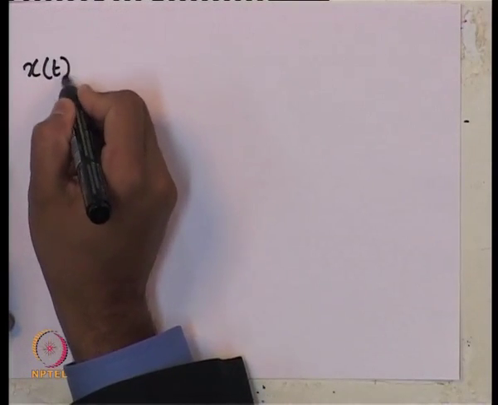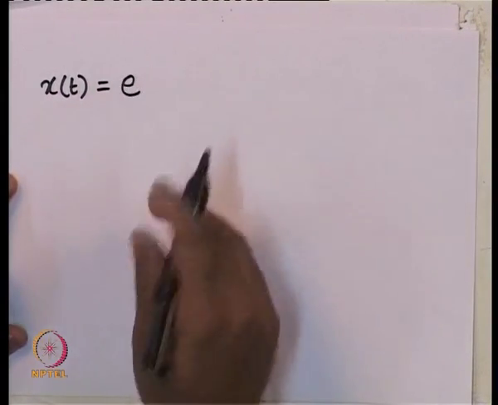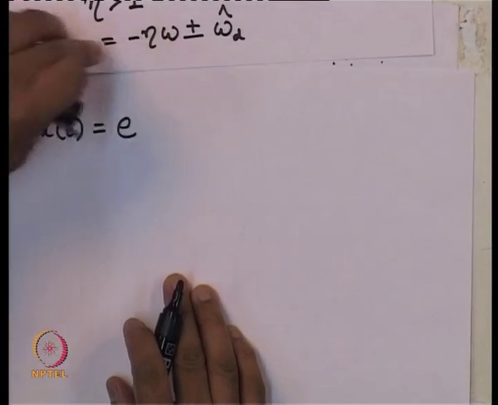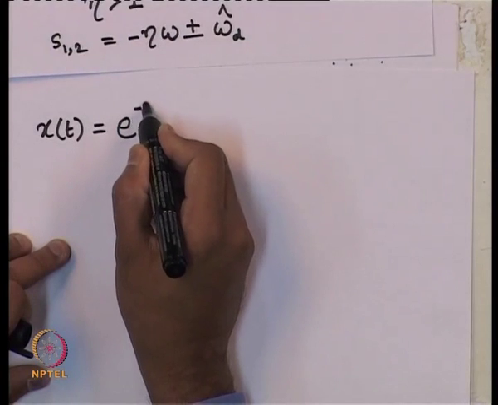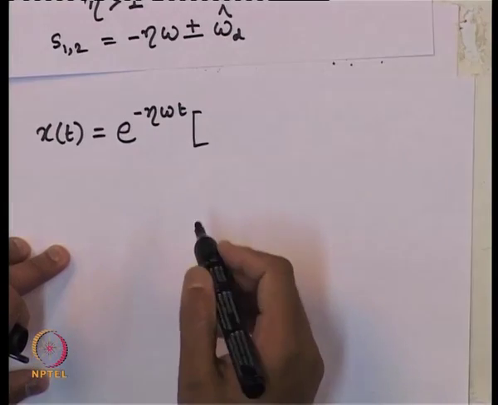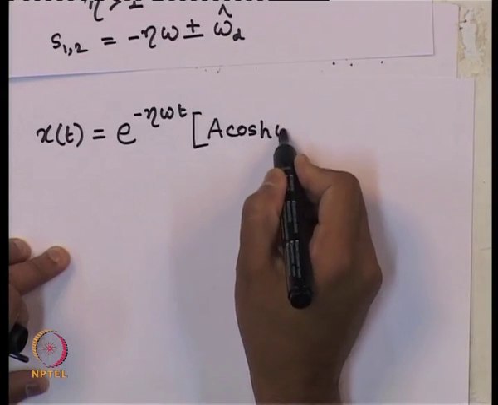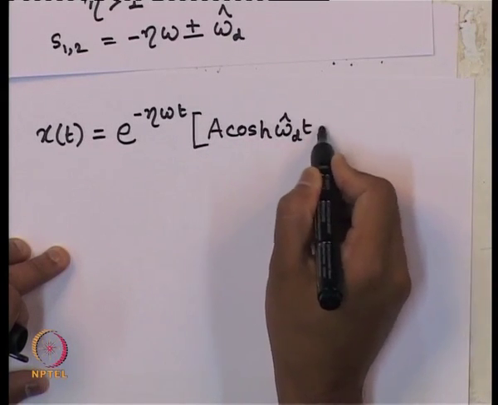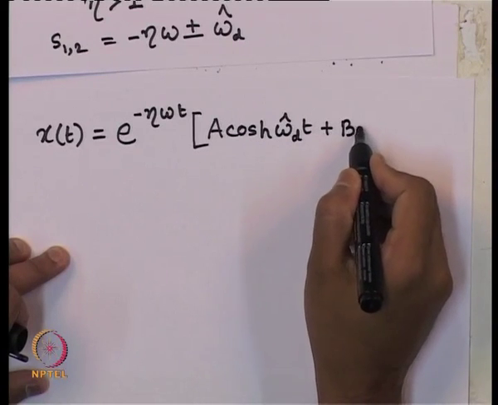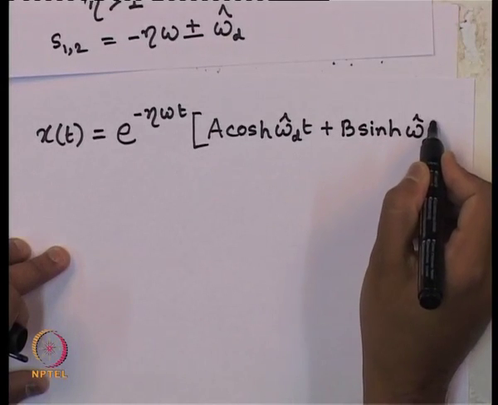What will be the form of solution? The form of solution will be x of t equals e to the power s t, that is what we had taken. So, e to the power minus eta omega t times a cos hyperbolic omega d cap t plus b sin hyperbolic omega d cap t.